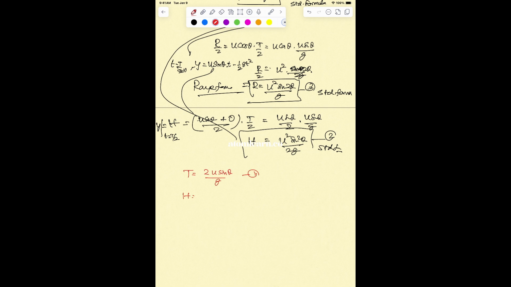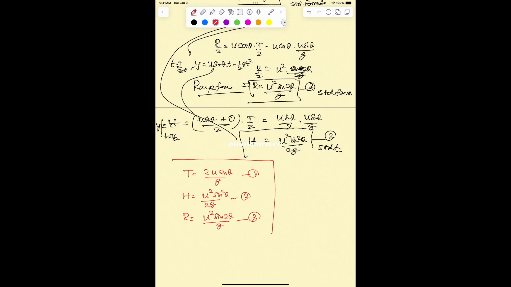Standard formula number 2, maximum height reached, u squared sin squared theta by 2g. Standard formula number 3 is the horizontal range, u squared sin 2 theta by g.